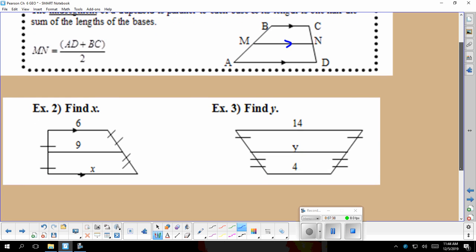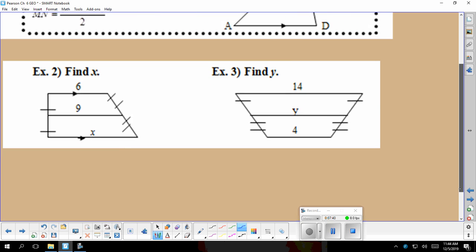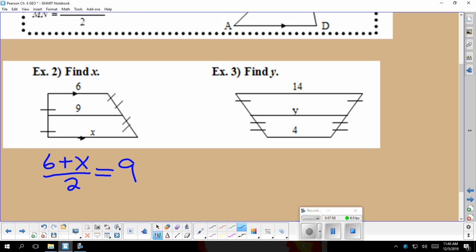So we have a mid-segment here. In order to find this x, 6 plus x divided by 2 equals 9. And then algebraically, that's real easy to solve.